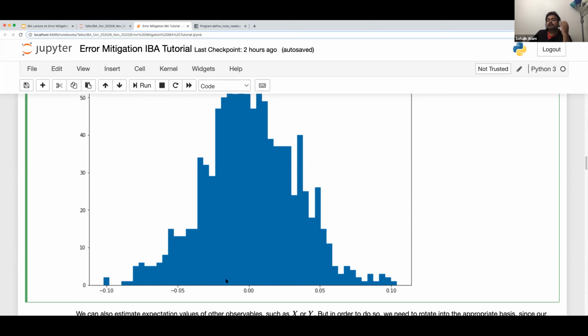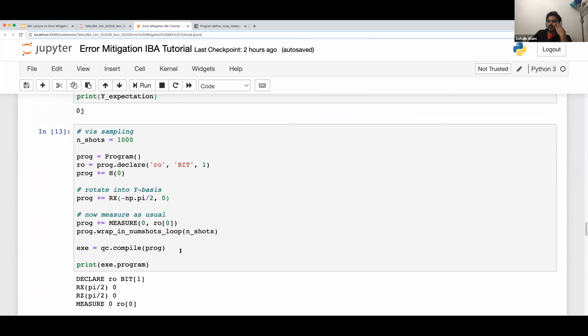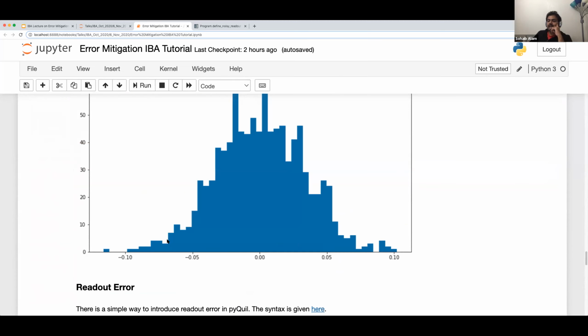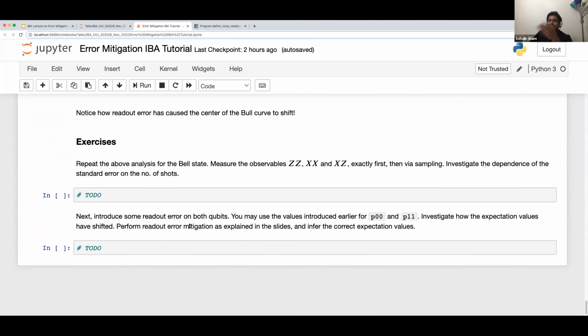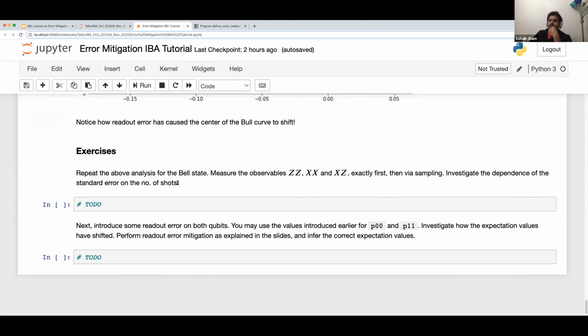And how many shots do you need so that your estimate is accurate to 0.0001 or something like that, right? So try to work out by hand, based on the expression that we discussed earlier in the slides, what that number of shots should be, and then actually try to empirically see what that is. That would be a good exercise.